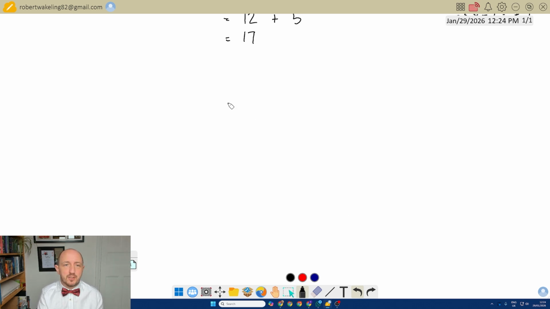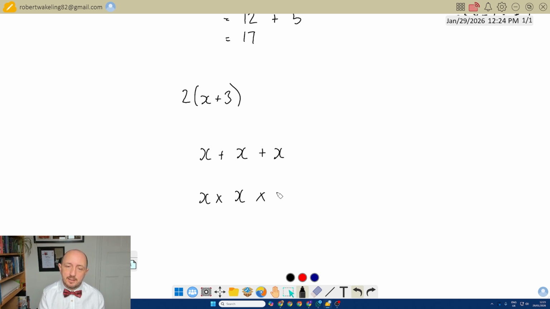Let's do x plus x plus x, because this trips students up. They'll confuse 3x with x cubed. X times x times x is x cubed.